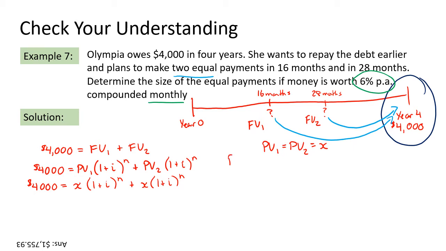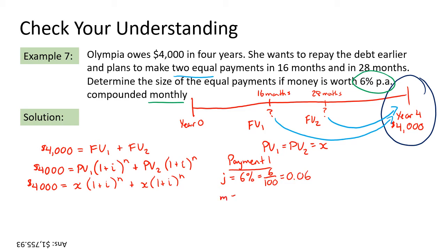So let's look at payment 1. Our nominal interest rate, J, is equal to 6%, which is 6 divided by 100, removing the percentage sign, which is equal to 0.06.